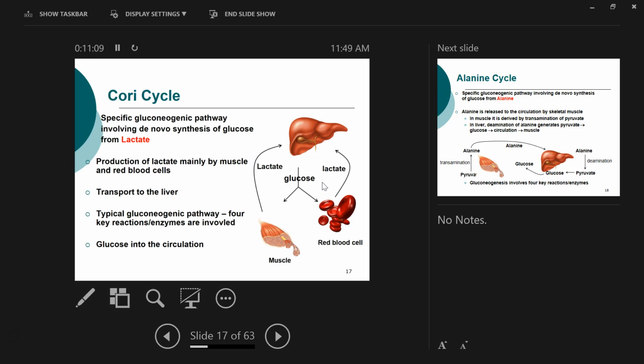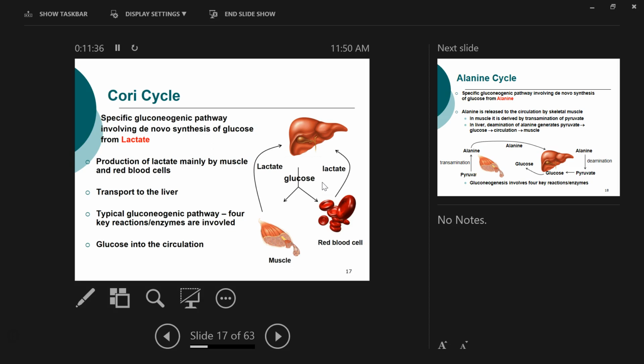The Cori cycle involves three tissue cells. The liver, of course, is the place where gluconeogenesis occurs, right? And muscle and red blood cells are the two tissue cells that provide the precursor, which is lactate, right?